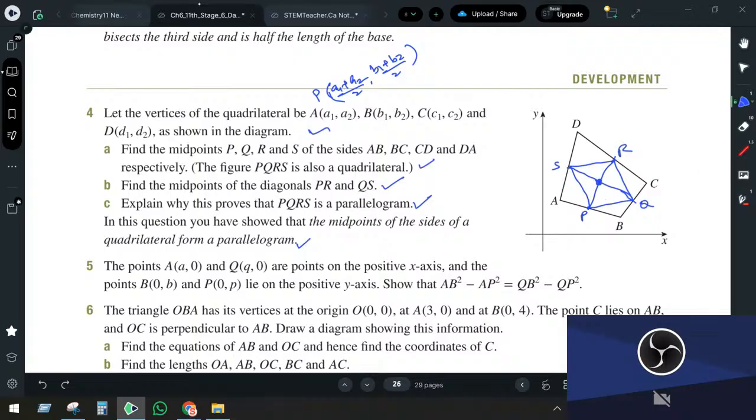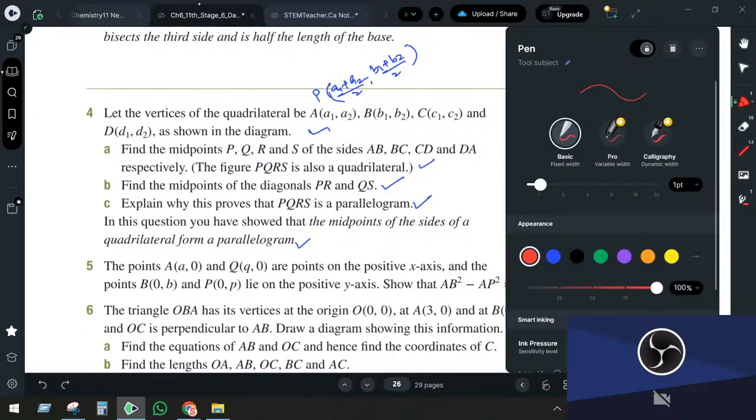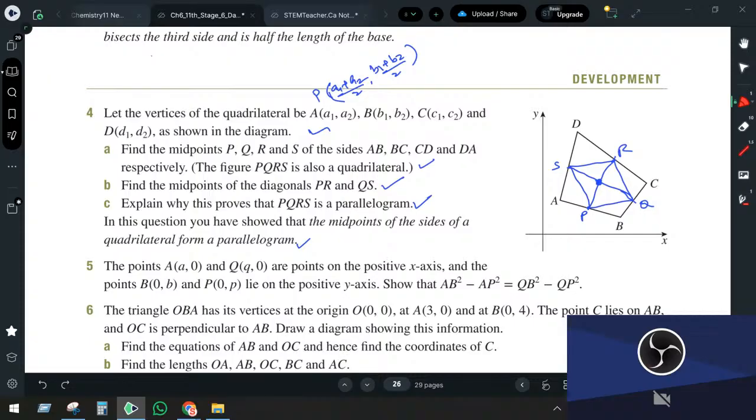Okay. So what happens in the parallelogram? When you draw a parallelogram, okay, I'm drawing. Please concentrate on the board. This is a parallelogram. Okay. Diagonals bisect each other. Then that is also a parallelogram.